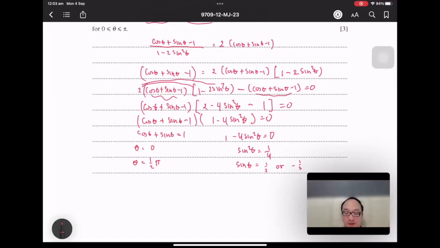And then from here, the solutions are from sin theta equals half: theta equals sin inverse half, which is pi over 6 in the first quadrant. And then sin is positive also in the second quadrant. So the angle in the second quadrant will be pi minus pi over 6, 5 over 6 pi.